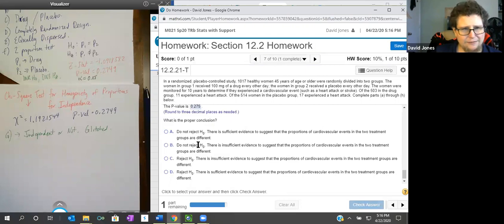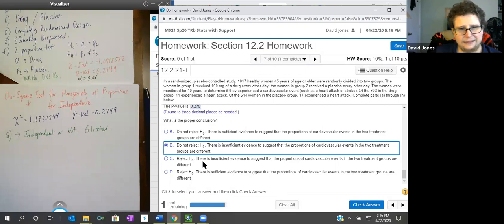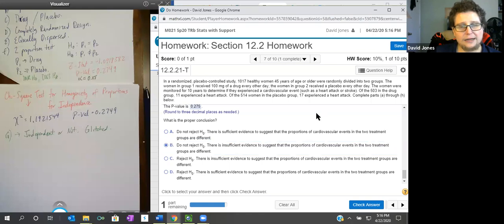For me, the first two are do not reject H0. B is the one that says there's insufficient evidence. And literally, the only difference between these two sentences is one says sufficient, one says insufficient. It's just 2 single letters. You have to be careful when you're reading these. You have to go slowly.